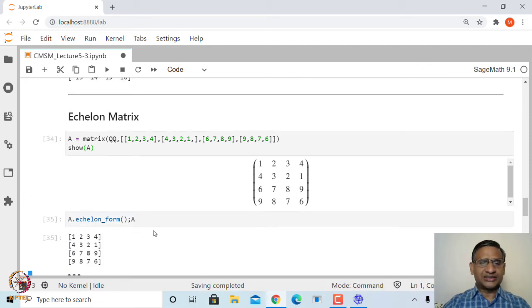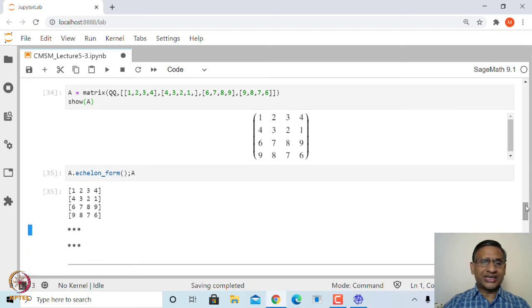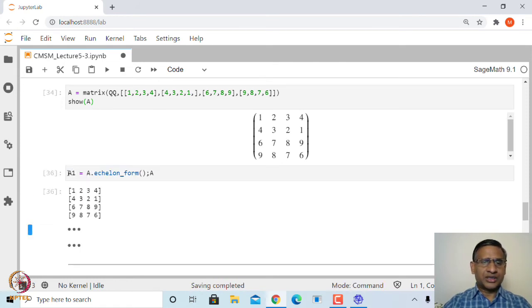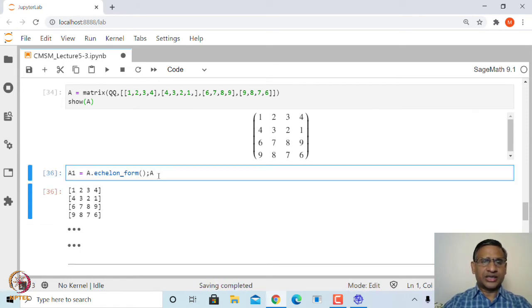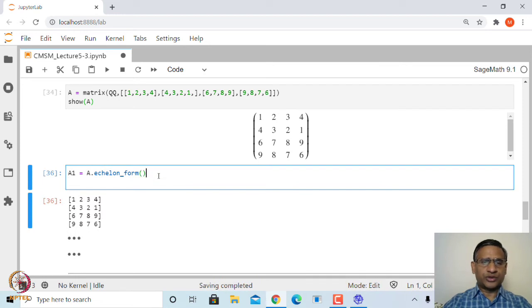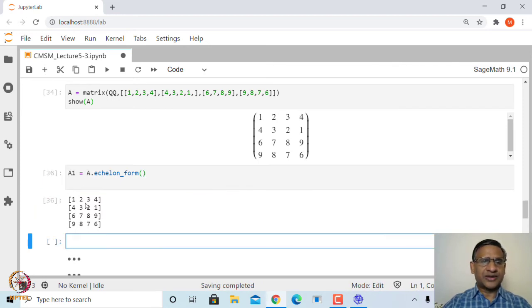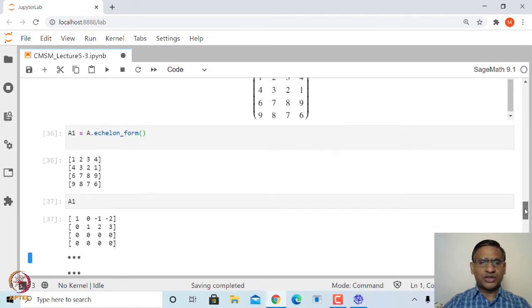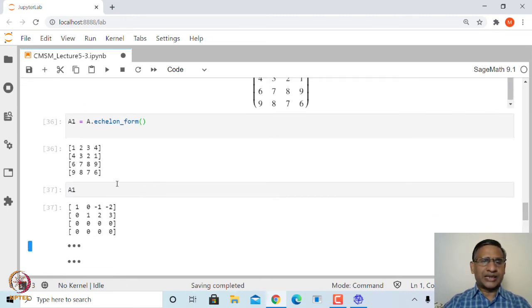When we apply this, of course A remains as it is. Let me call this A1 and let us see what A1 is now. A remains as it is, and A1 is actually an Echelon matrix which is row equivalent to the matrix A. A and A1 are row equivalent.